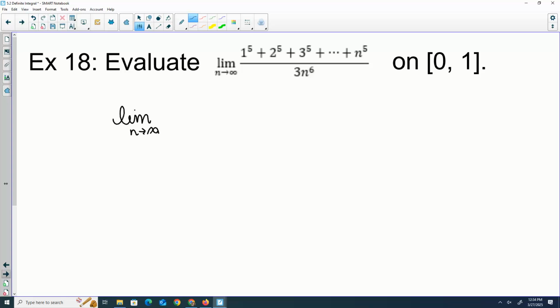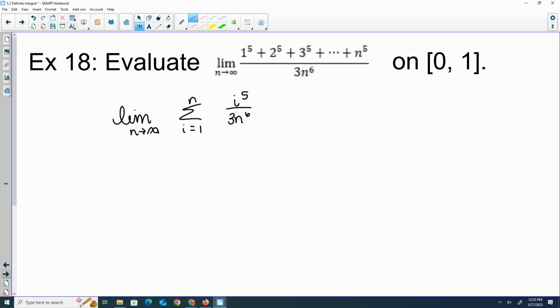The sum from 1 to n, with the i to the 5th over n to the 5th. We agree with that? The denominators aren't changing, right?